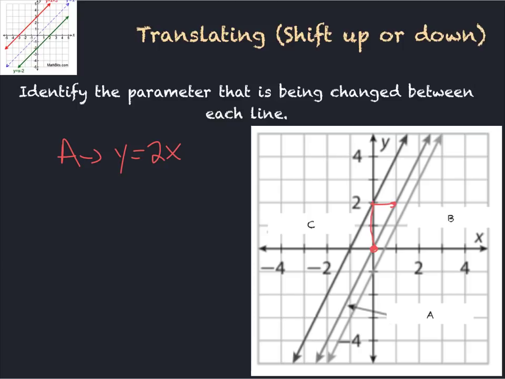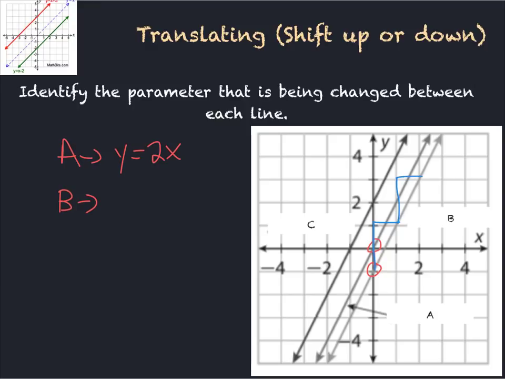But if we look at this, let me erase this part. What's happening from line A to line B? It looks like our y-intercept changed, right? Our y-intercept at line A was 0. What's our y-intercept at line B? Negative 1. Is the slope different? No, if you look at the slope, and I'll do this in blue, the slope is still 2 over 1.